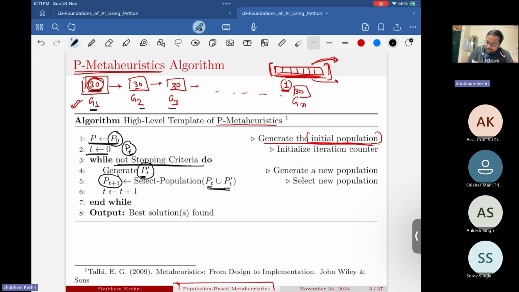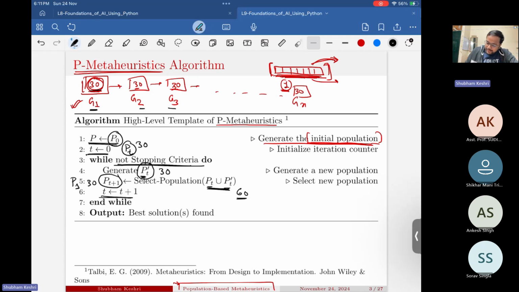Suppose 30 is the population size. When you combine, it may become 60: 30 for P0 and 30 for P0 dashed. So you will have 60 individuals. From those 60 individuals, you again select 30 of them because you want to stick to 30 individuals at each generation. So you will have Pt plus 1, so it will be P1. You will have generation P1, population P1. And you increment t. So this is how we are going from one generation to the other.